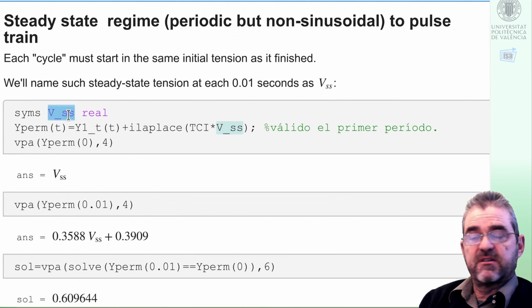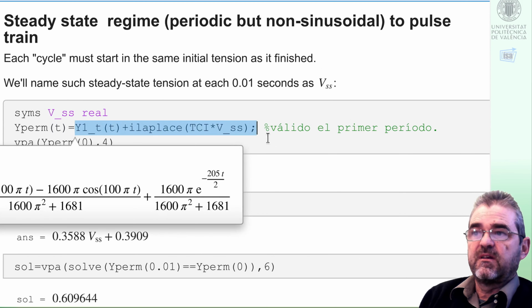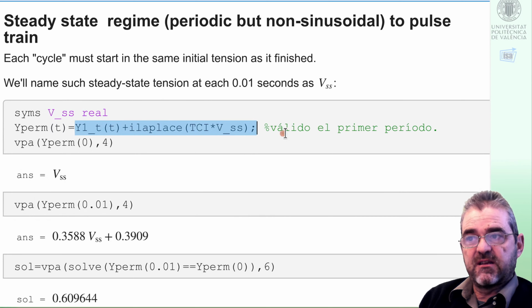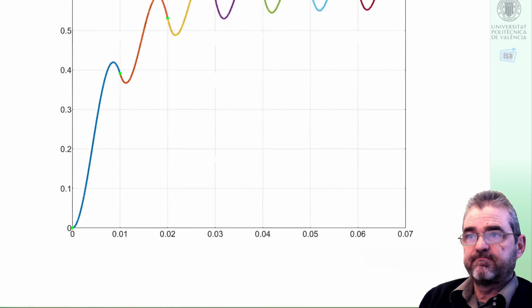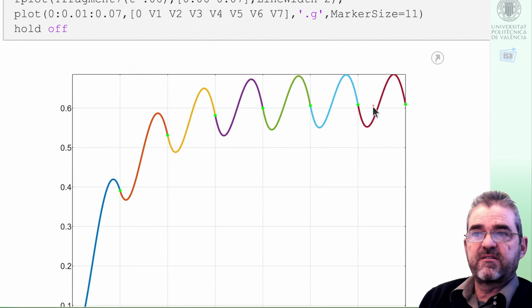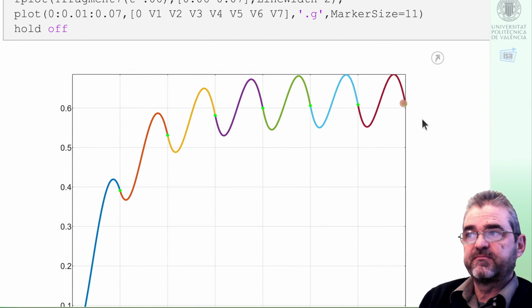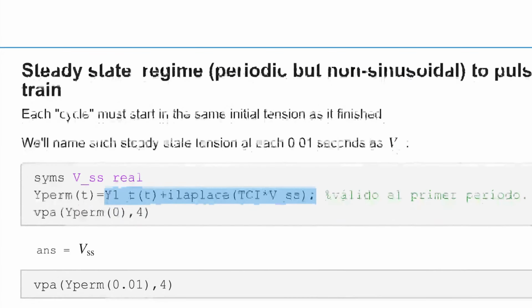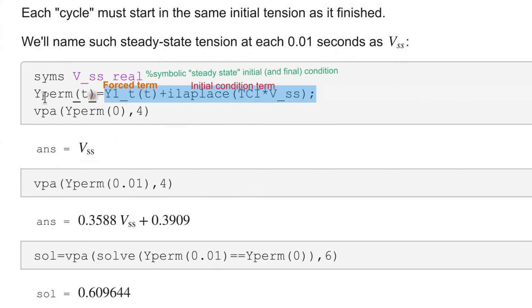If I introduce a symbolic variable v state, then if I knew that steady state capacitor voltage, something close to this thing, we are almost there, if I knew that, this would be y permanent, let's say, of t.